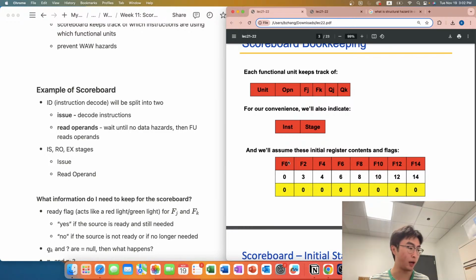Functional unit keeps track of the unit, the operation or the operand, the source registers, and then I think these are a flag to indicate whether or not the value of, let's say, fj is coming from another functional unit.